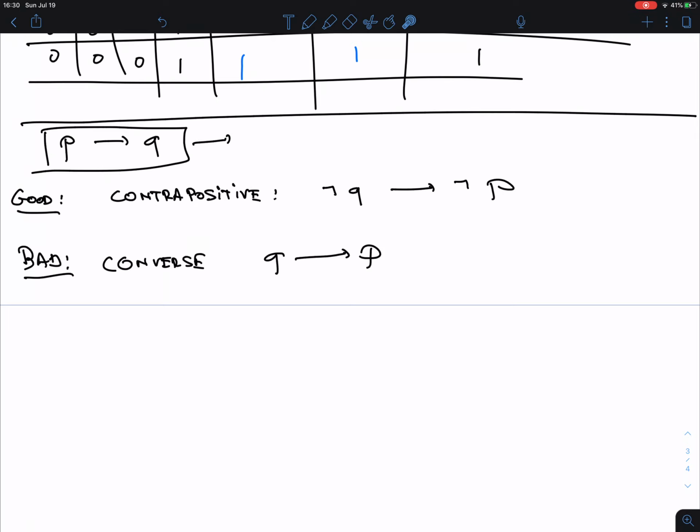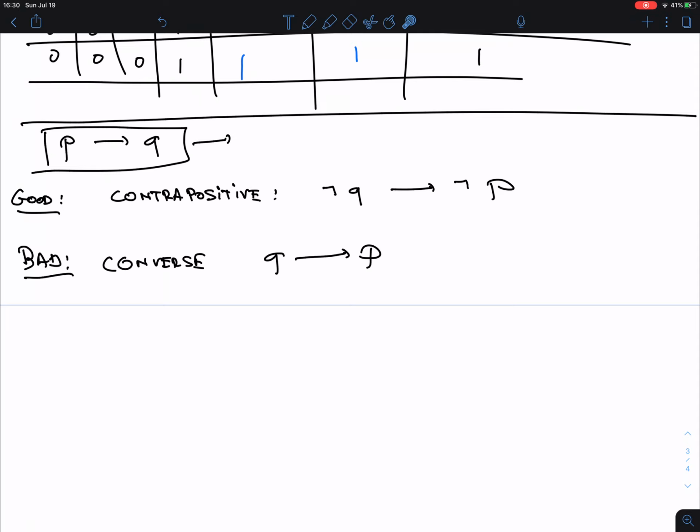Let's say I'm taking an example from the book, and it says the home team, let's say baseball home team. If the home team wins, then it is raining.